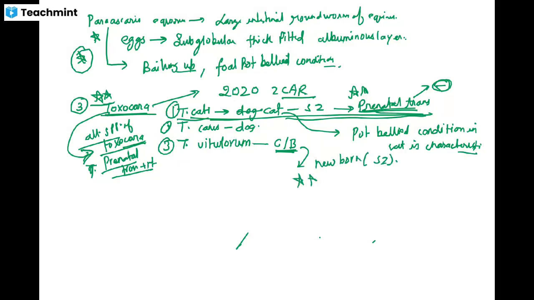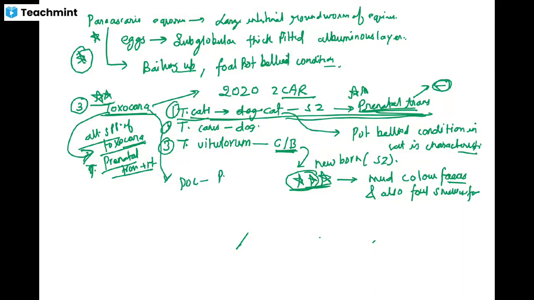In this, a very important point: the cattle has mud color feces and also foul smelling feces. Here, in case of Toxocara, the drug of choice is piperazine.